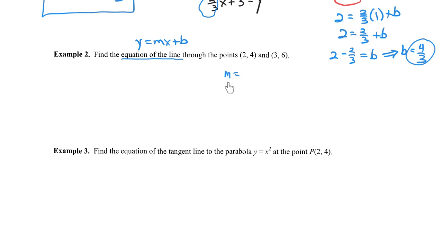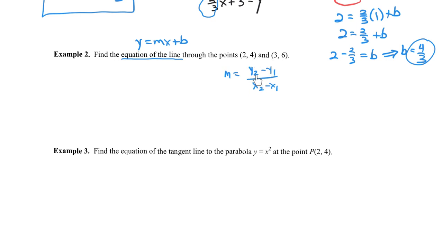Who remembers this one? Maybe it'll sound familiar. y2 minus y1 over x2 minus x1. Remember that one? So we can use this formula to find the slope of a line through these 2 points.